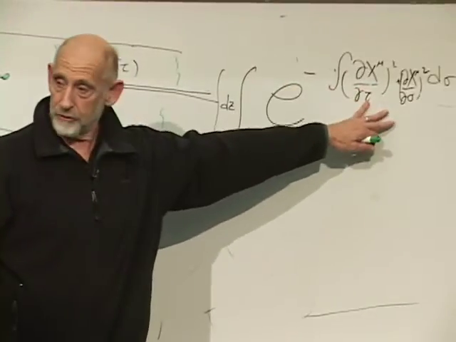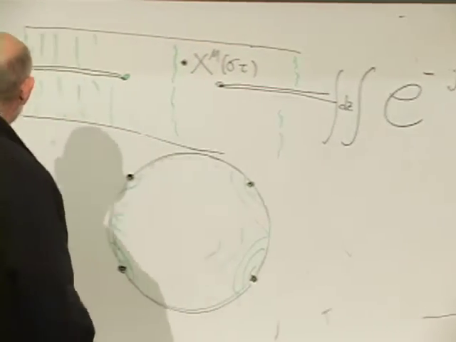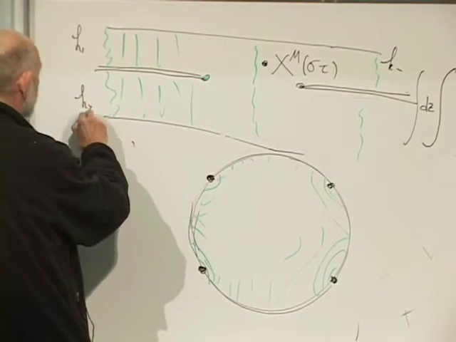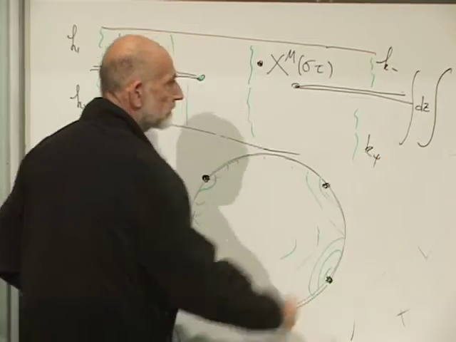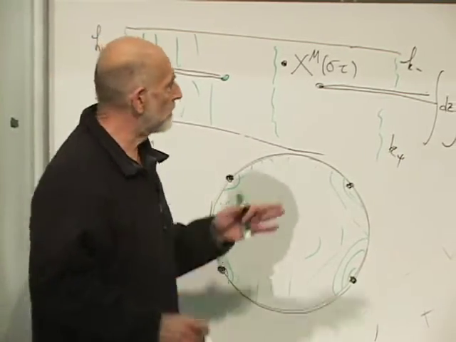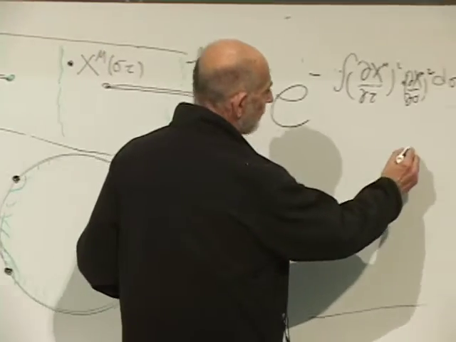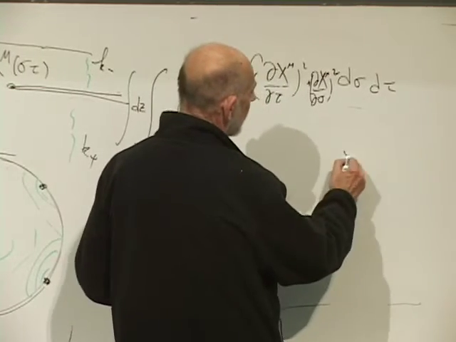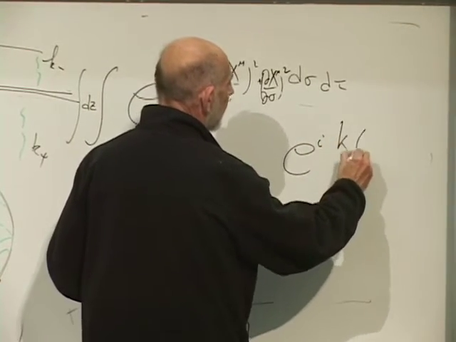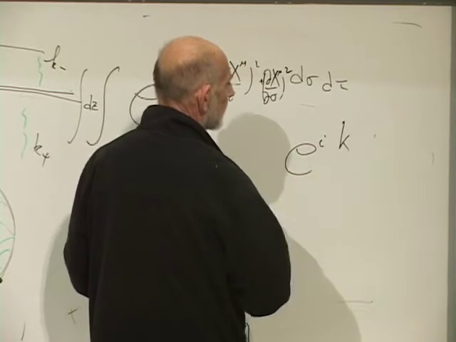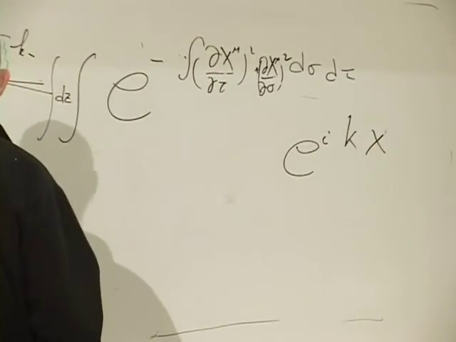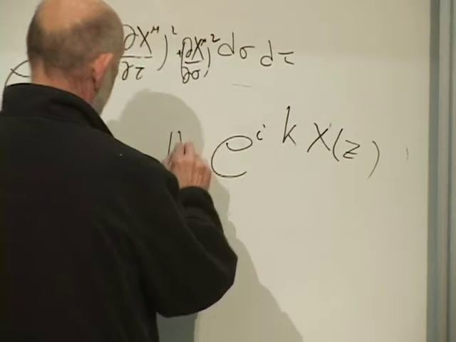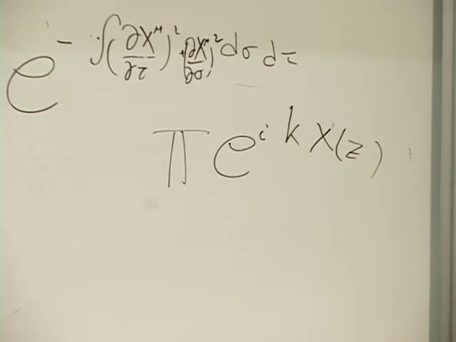X's are integration variables. K's are the momenta. K1, K2, K3, K4. These are the momenta coming in and going out. For each external particle, each particle coming in, you put in a factor into the integrand here of e to the i k x at the position, let's call this point Z, a product for each external particle.